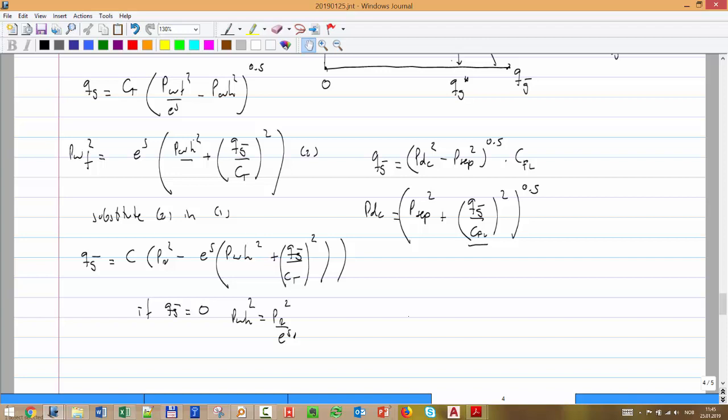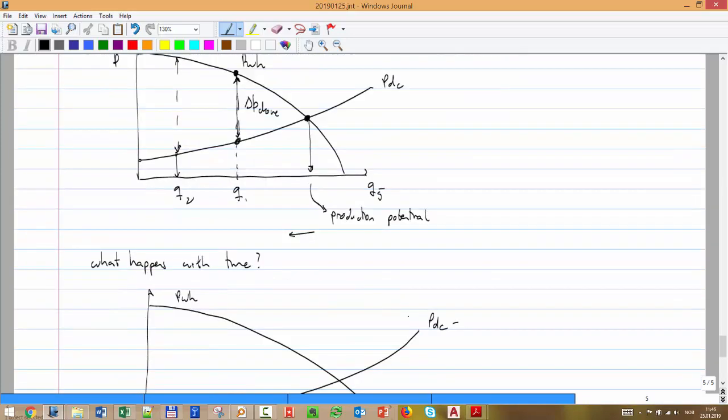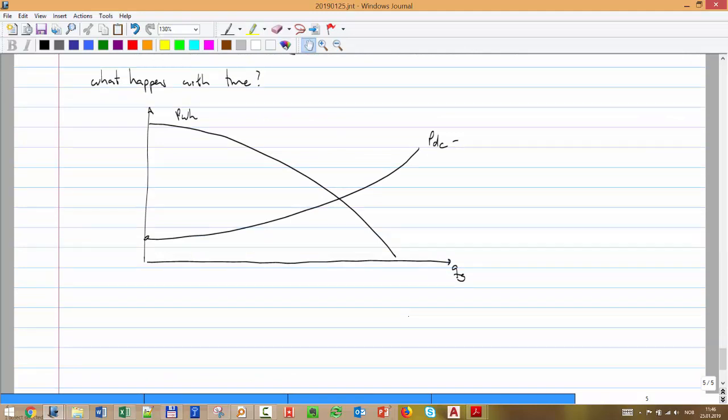And the flow line, it might change, right? Why might the C of the flow line of the pipeline change? If they replace it, they put a bigger pipe or a smaller pipe. If they have scaling, something growing inside the pipe, wax deposition, something that reduces the cross section of the pipe, that reduces the diameter and it's affecting the C. If you have scaling, you need a higher pressure.